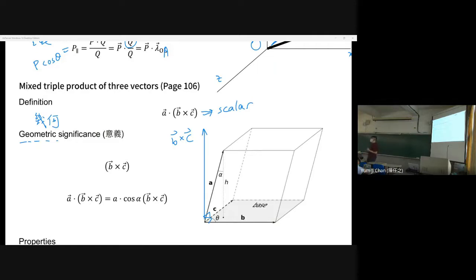The geometric significance of vector product is that if we have B cross C, it gives us the area of a parallelogram. Or to be strict, the magnitude of B cross C is the area of the parallelogram.